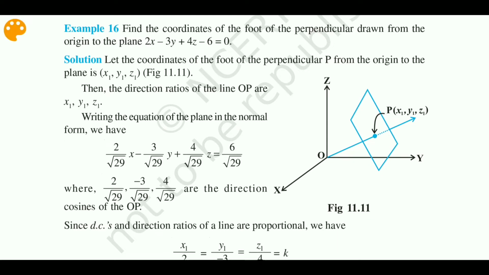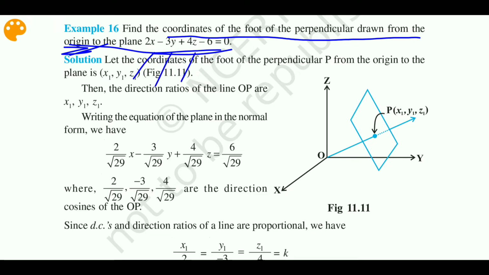Now we have to find out the coordinate of the foot of perpendicular drawn from the origin to this plane. The word again is origin. So we will again do the same procedure. This is 2x minus 3y plus 4z equals 6. Now take the square of these values, add them and take the under root. This is 29.